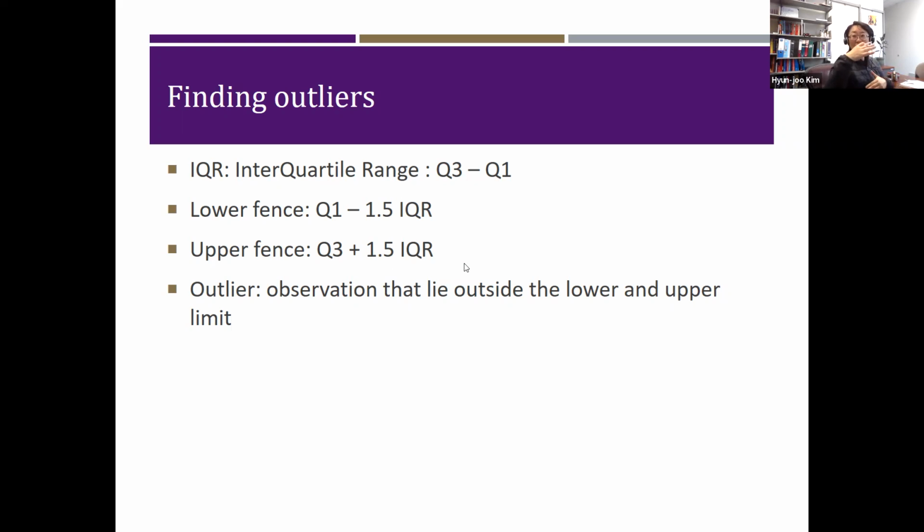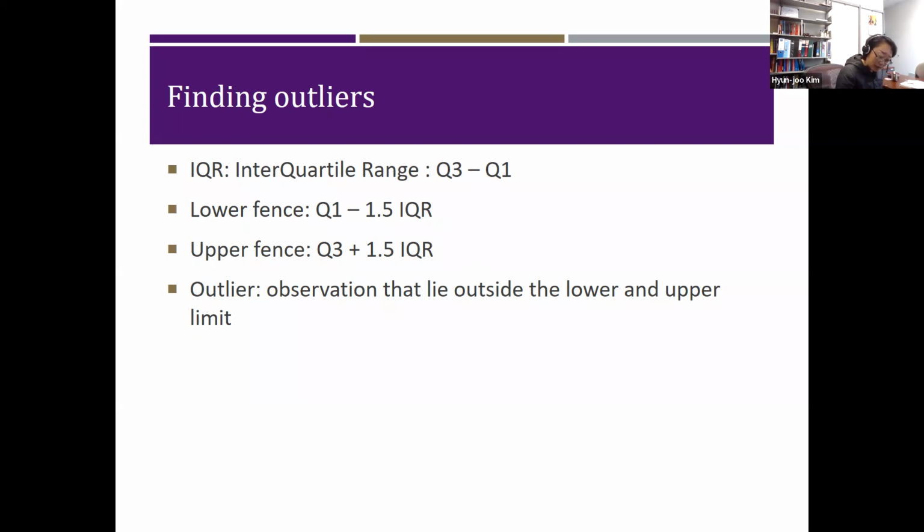That gives us a lower fence and an upper fence. If a data value is outside of this fence, we call that an outlier. And once we find an outlier in the box plot, we mark it as an outlier.